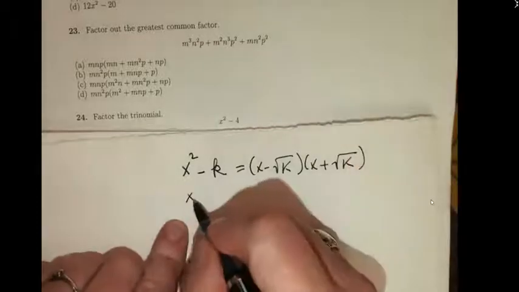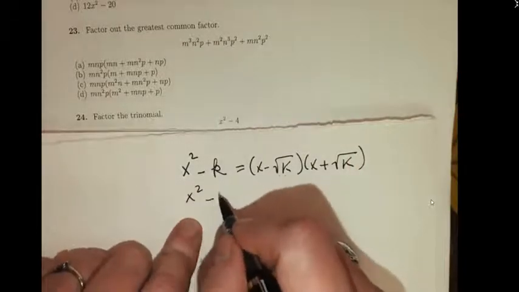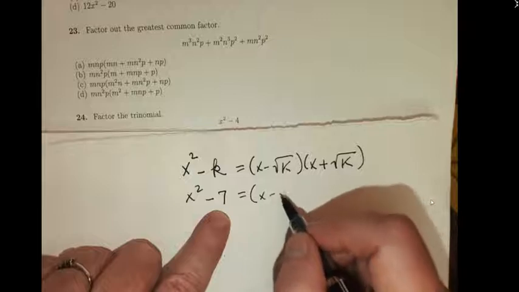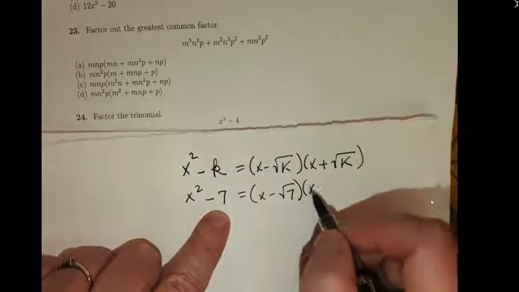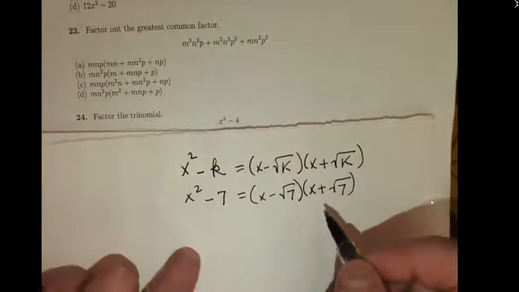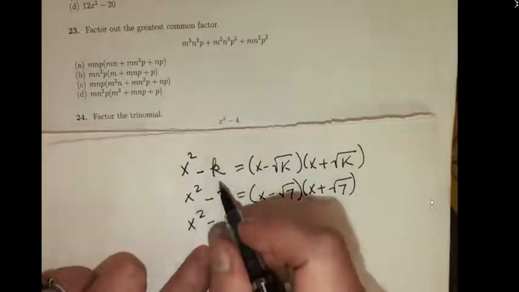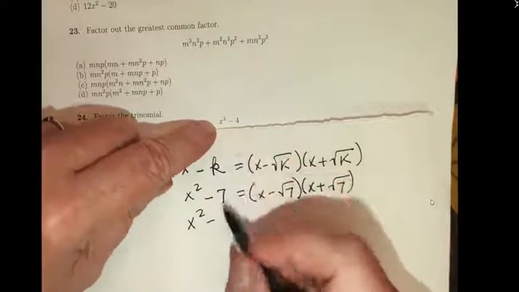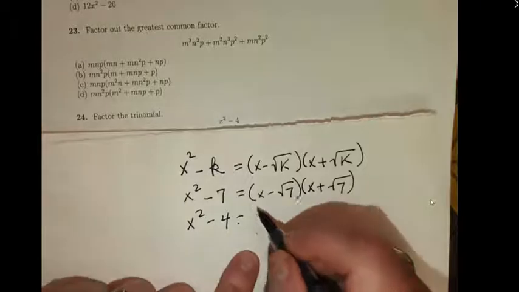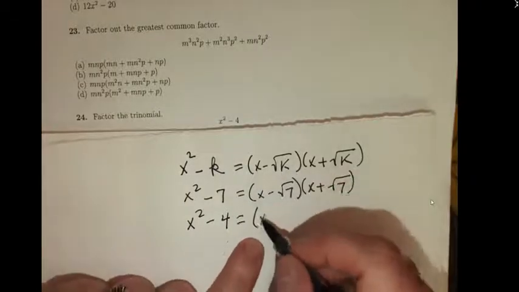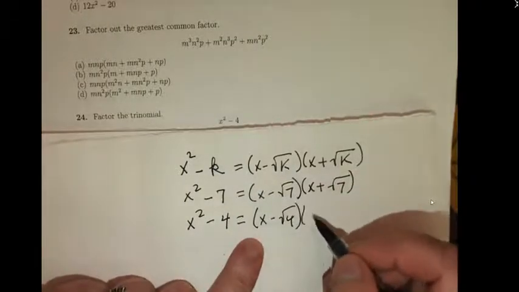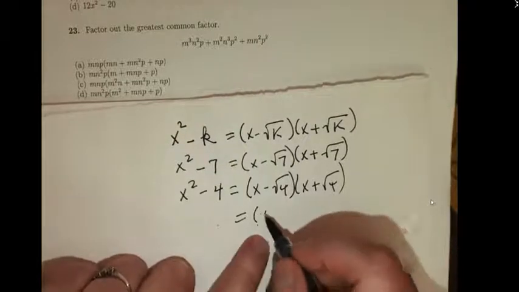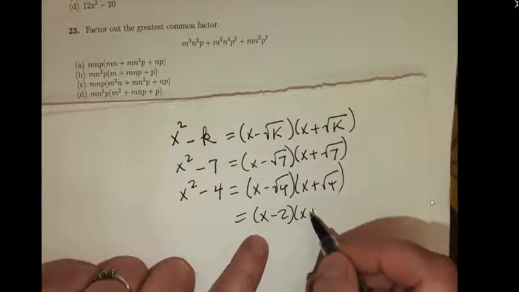And it will work if k is not nice, because 7 is not a perfect square, but it still works. And if k is nice, as in if it's a perfect square, and here they want you to find x squared minus 4, then you're going to have, from the formula here, x minus the square root of 4 times x plus the square root of 4. And so square root of 4 is nice, so I'm going to get x minus 2 times x plus 2.